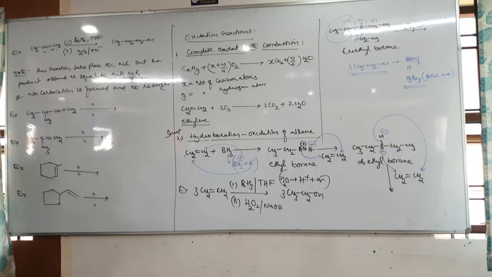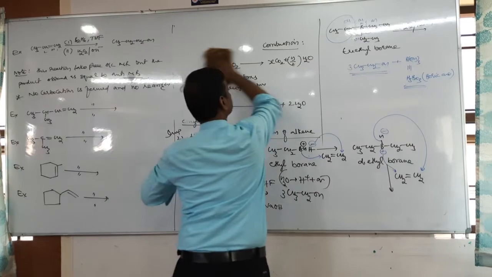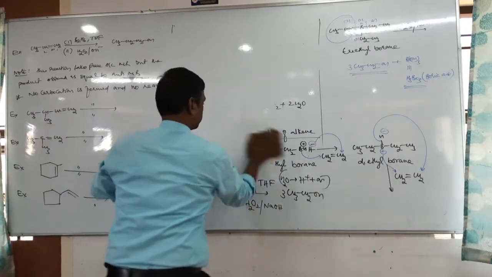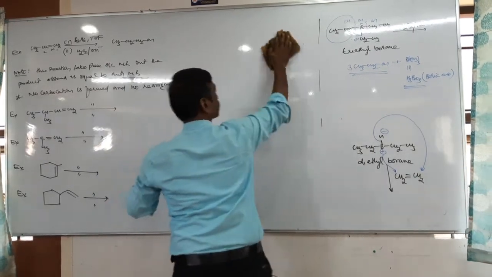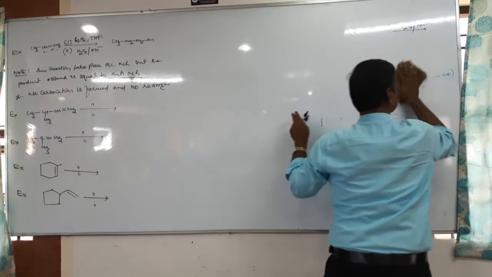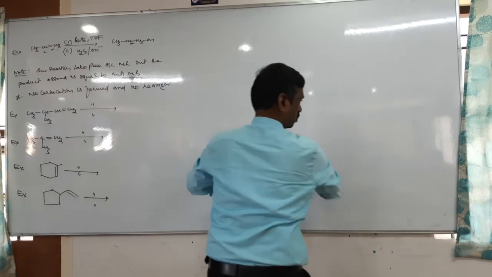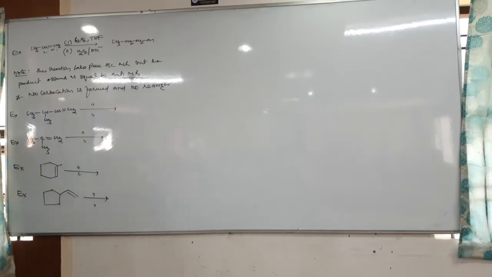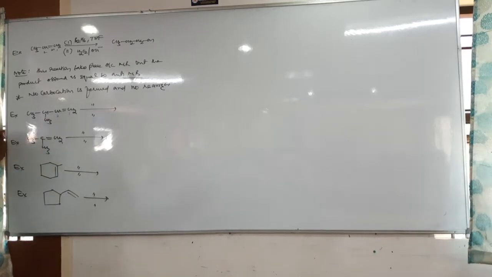Will you write the product? 1, 2. You just tell me where OH comes.